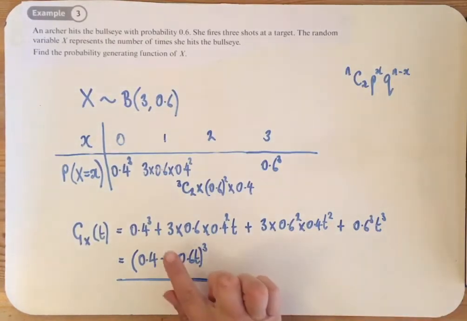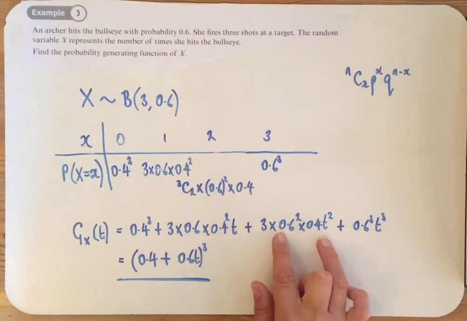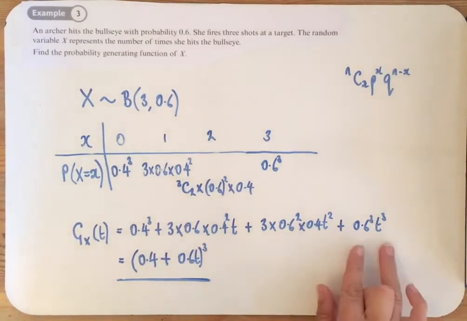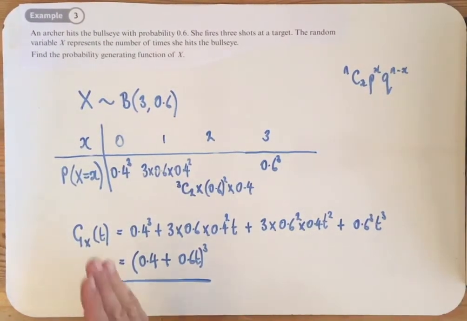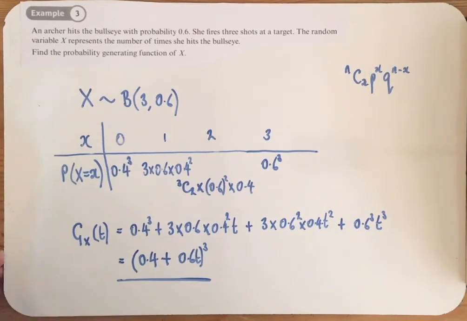The power of the second part goes up by 1, so we've got 0.6t, 0.6t all squared, 0.6t all cubed, and the binomial coefficients are 1, 3, 3, 1. That pattern will work for any binomial distribution, and that will give you your probability generating function, which I'll pop back on the other board.